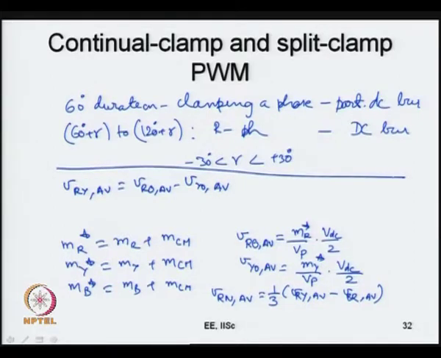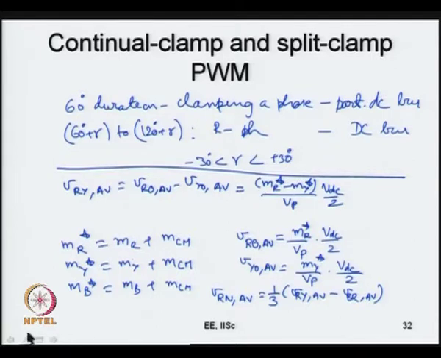So, VRO average minus VYO average is what? I will have the same thing, MR star minus MY star. This is simply equal to MR star minus MY star divided by Vp times Vdc by 2. So, MR star minus MY star is what?